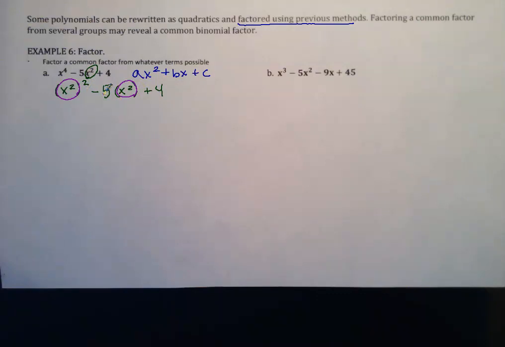Or we have to check to see if we can factor, I should say. Are there any factors of 4 that get me -5? -4, good, times -1 equals +4. So check, that's what we wanted, a +4 here. -4 plus -1 gets me -5. So that's a check because that's what we want here.